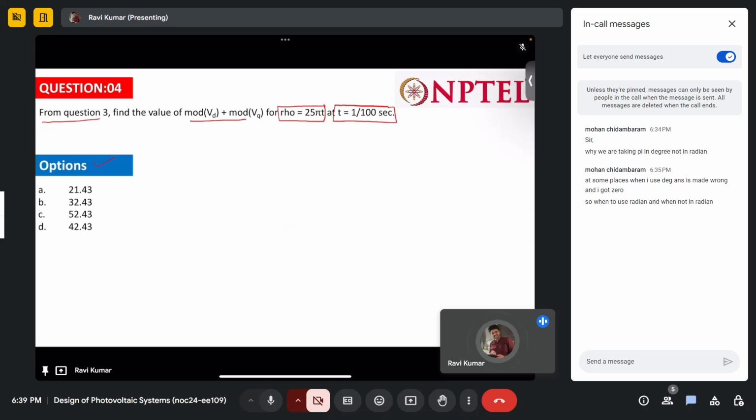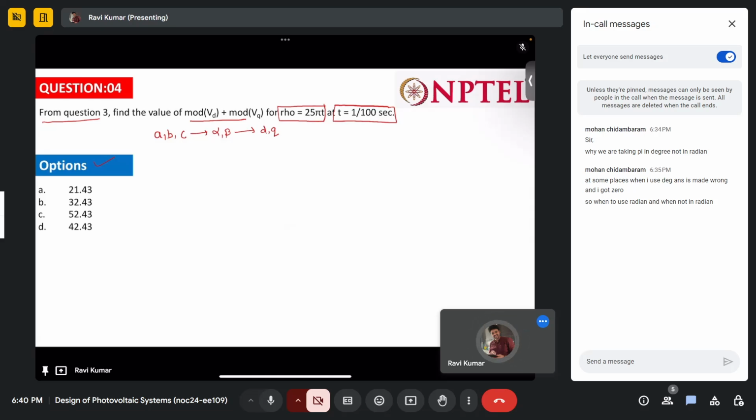First we need to convert our A, B, C into alpha beta, and then this alpha beta needs to be converted into DQ form. So there will be 2 matrices here.